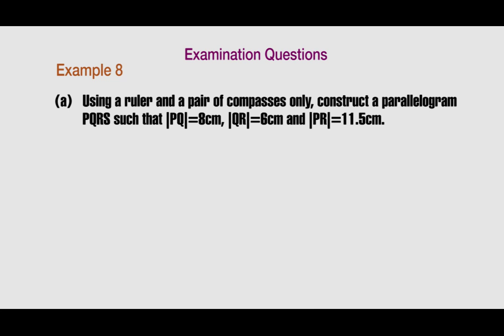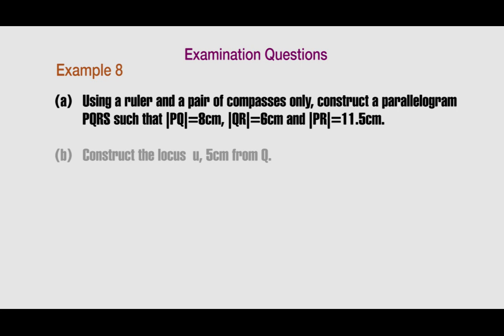Using a ruler and a pair of compasses only, construct a parallelogram PQRS such that the length PQ is equal to 8 centimeters, the length QR is equal to 6 centimeters, and the length PR is equal to 11.5 centimeters.